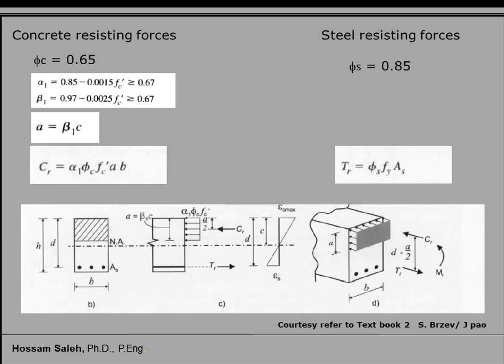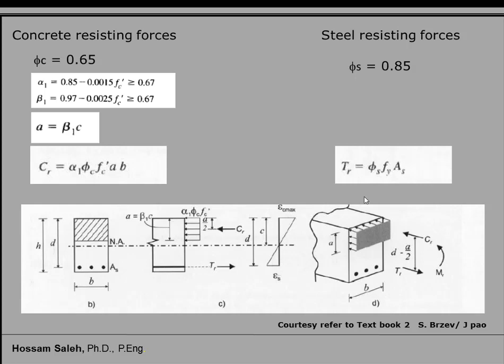So I have 0.9 for structural steel, and 0.85 for reinforcing steel, or reinforcing bars, and I have Fy. In steel bars, we use Fy most of the time as 400 Newton per millimeter square. In structural steel, we use 350 or 300. It depends on your material and what you choose.